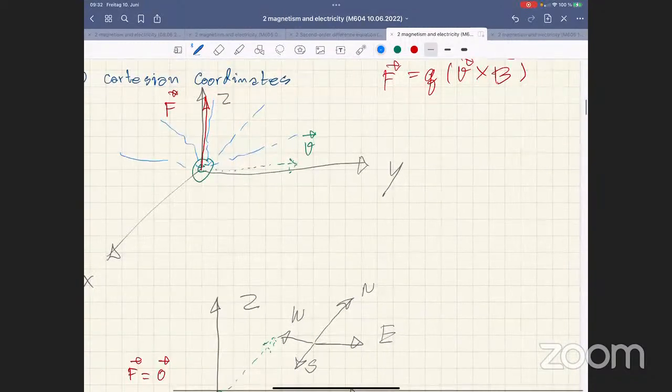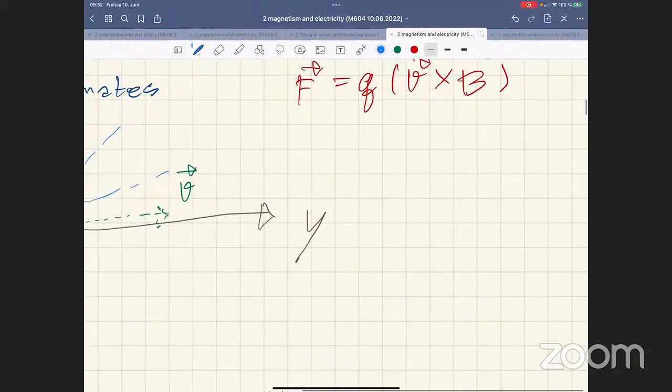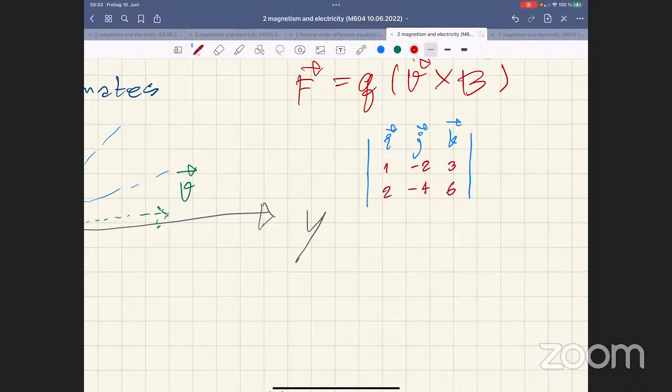If you think about it, let's imagine we have i, j, k, and the first vector is, for example, 1, -2, and 3, and another vector is pointing the same way, for example 2, -4, and 6.